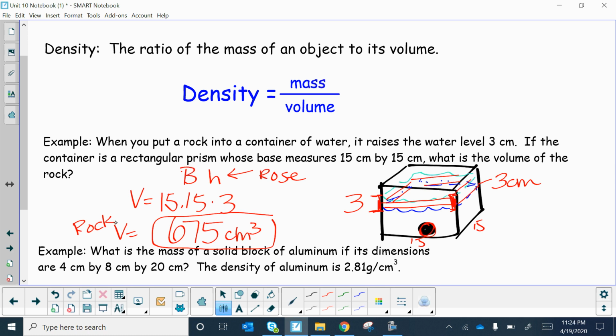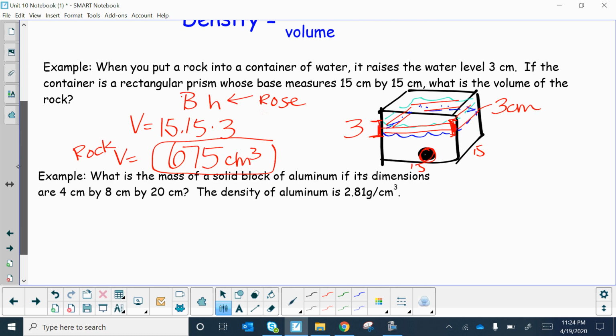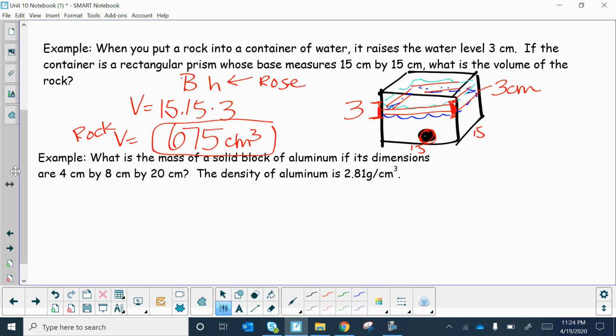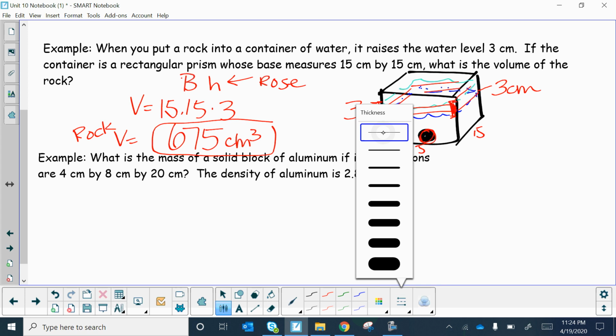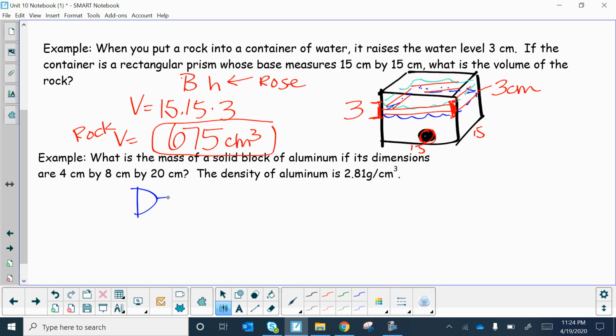Okay, so displacement. Try one more. It says, what is the mass of a solid block of aluminum if its dimensions are 4 by 8 by 20, and then it says the density of aluminum is that. So let's write down our formula. Our formula is density equals mass divided by volume, okay? And so the volume of this block of aluminum is 4 times 8 times 20.